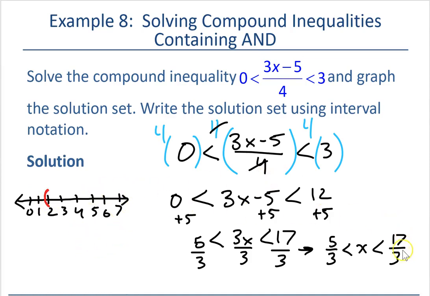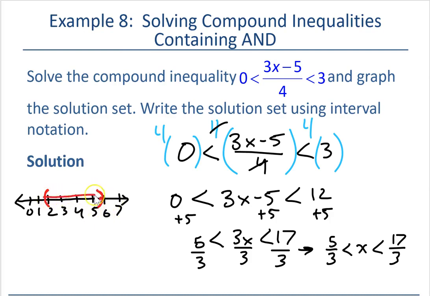The other part here: how many times will 3 go into 17? It'll go in 5 times, because 3, 6, 9, 12, 15. That's 5, and that's going to leave us with 2/3. Well, x is going to be less than or equal to that. So we've got 5 2/3, right about there, and it's going to be a closed bracket.